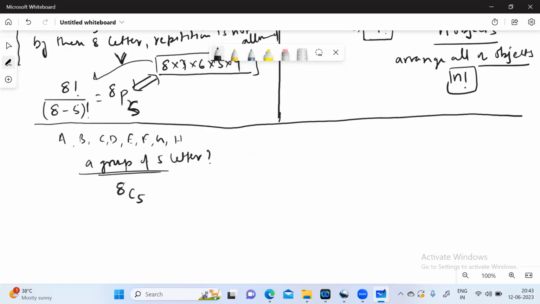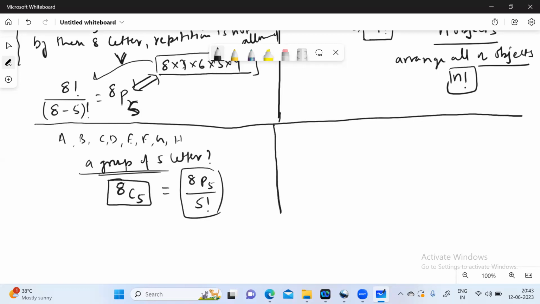Okay, no problem. So 8C5, it is like number of groups, and combination is the same. So 8C5 would be the number, and we also knew that 8C5 would be 8P5 divided by 5 factorial, or vice versa you can create.